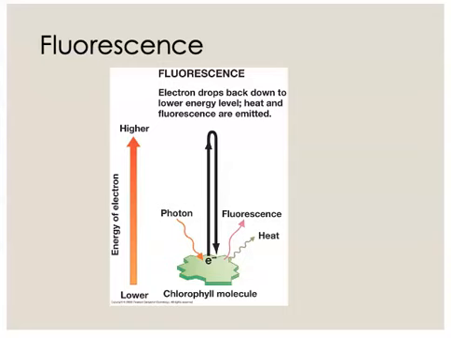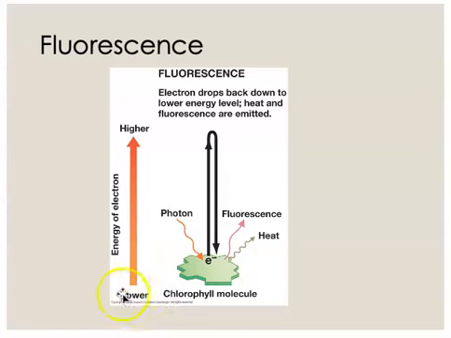Now I want to mention briefly a phenomenon called fluorescence, because this drives home the idea that the excitation states for electrons in chlorophyll are discrete and not continuous. In the drawing, you can see on the left-hand side a spectrum of energy of an electron in chlorophyll.